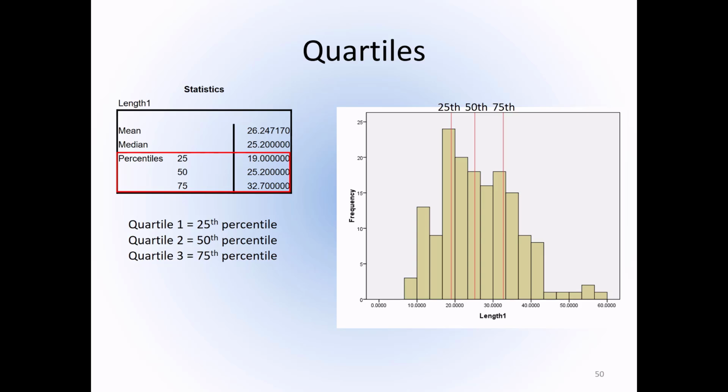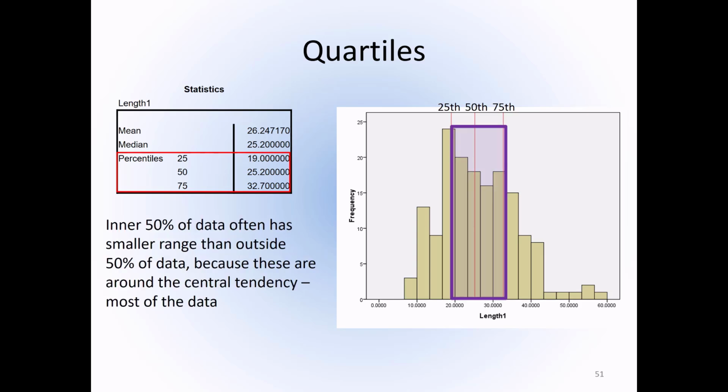And we can use these quartiles to get an understanding of dispersion, particularly the range between quartile 1 and quartile 3, which is going to be the inner 50% of our data. And if we look at this particular histogram, what we notice is that the range of this particular group of data tends to be less than the outer 50% of the data.